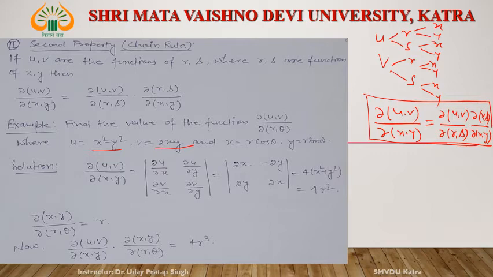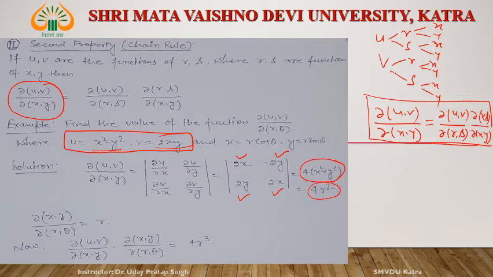Then we have to evaluate ∂(u,v)/∂(r,θ). First, using these two equations, we can find ∂(u,v)/∂(x,y). ∂u/∂x is 2x, ∂u/∂y is −2y, ∂v/∂x is 2y, ∂v/∂y is 2x, right? Solving this, we got 4(x²+y²), that is 4r².